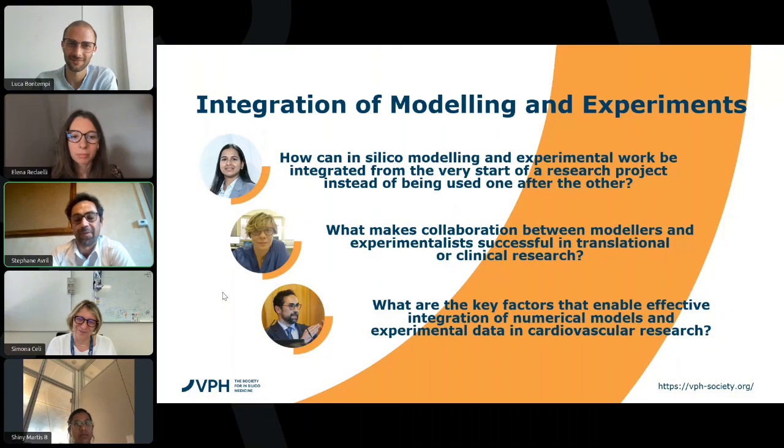It's very important to integrate both. I think there is no field in biomechanics that did not progress thanks to the integration of models and experiments, and this is really what triggers the progress.